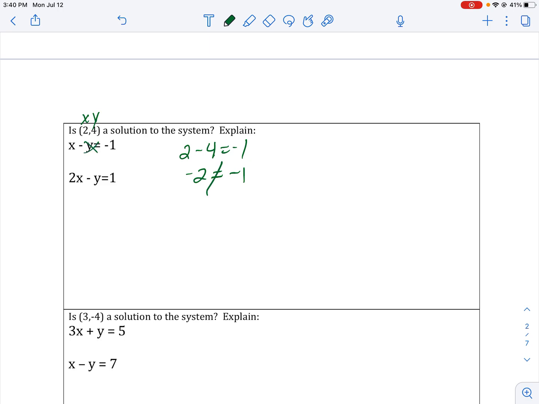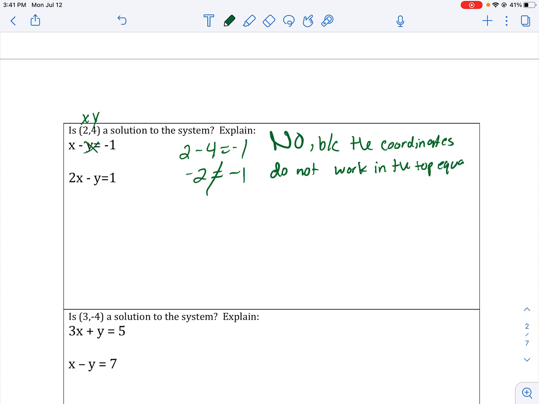So right here we can stop and we can say that no, it is not a solution because the coordinates do not work in the top equation. Remember, when we simplify, it's got to simplify to equal.